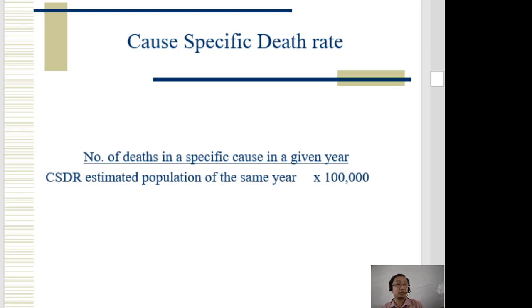Meaning, are you sure that the person died because of this cause, because of this event, because of this incident? Just like what we are having right now. Are you sure that the person died of COVID-19? So, you should be accurate.